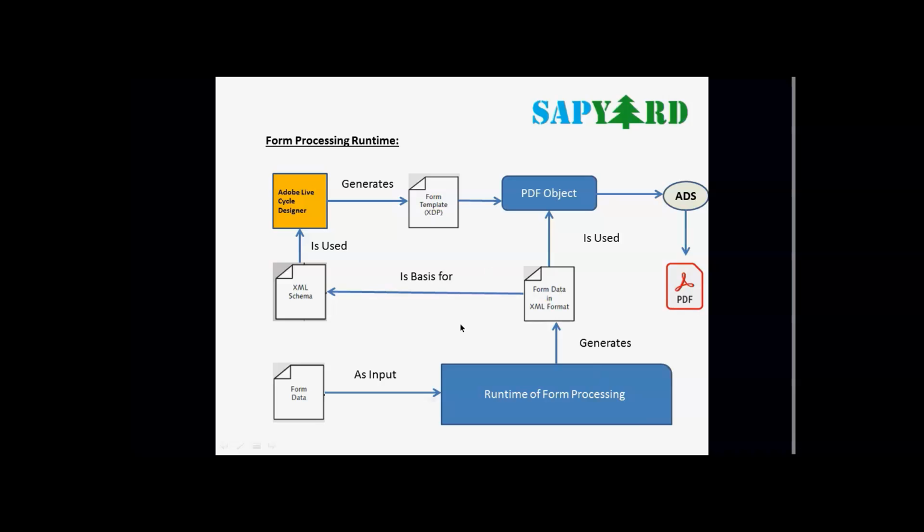Because when we go into the advanced topics at a later stage, we should also know at which step what is happening. Right now I explained the automatic conversion to XML schema. This happens when we are using a form interface of ABAP dictionary type, where we simply provide some input parameters and get the PDF output.